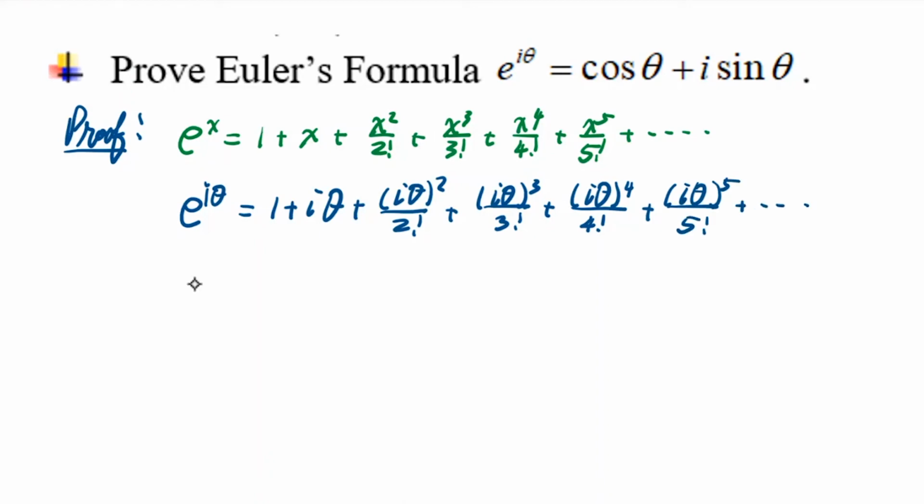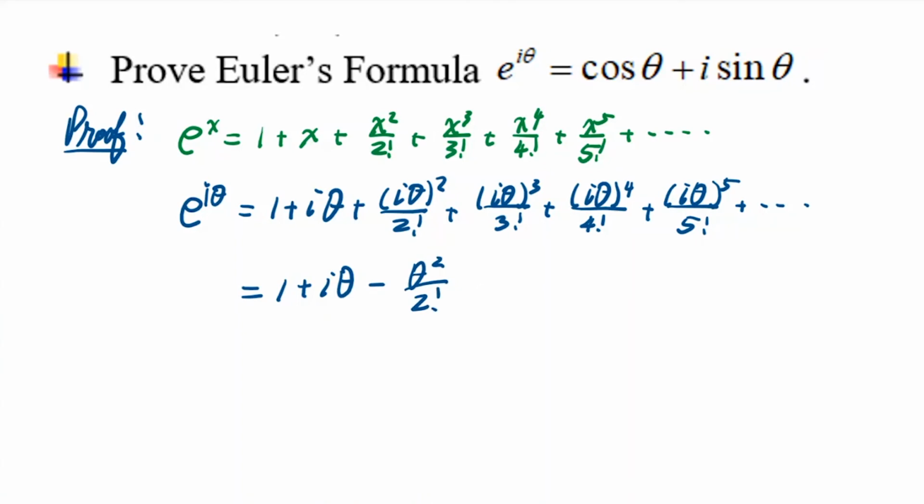Good. Okay. 1 plus i theta plus, what's i squared? Somebody tell me what i squared is at least. Negative 1. So we have theta squared over 2 factorial.